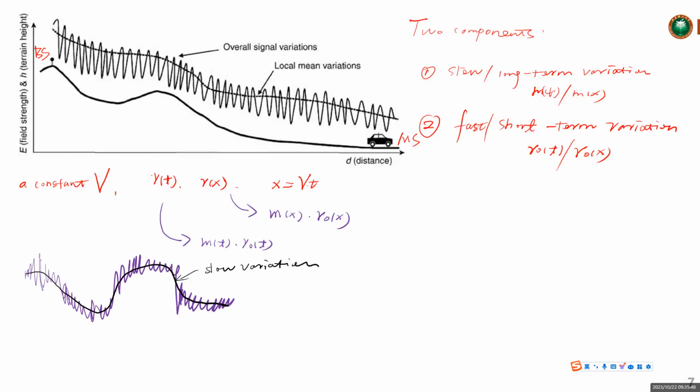And then we can extract the fast variation by removing the slow variations, right? So how do we remove the slow variations?